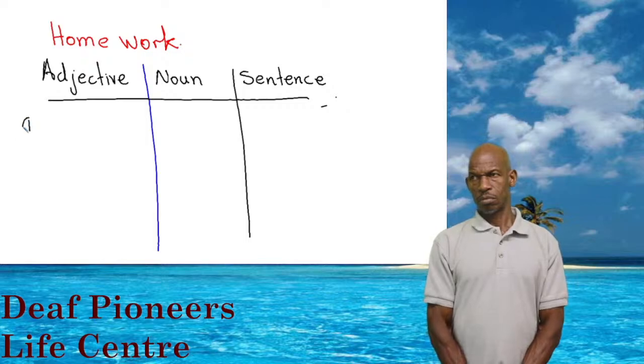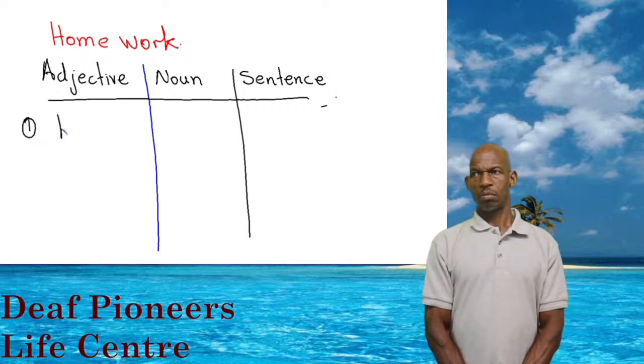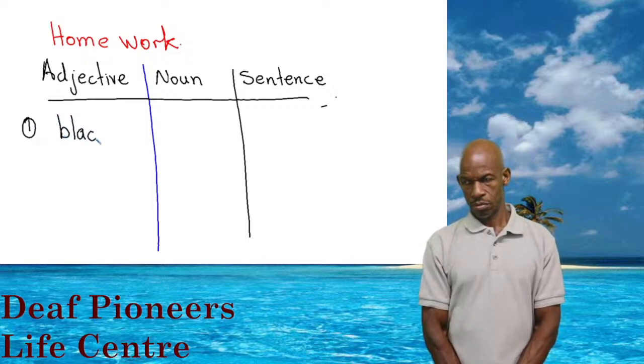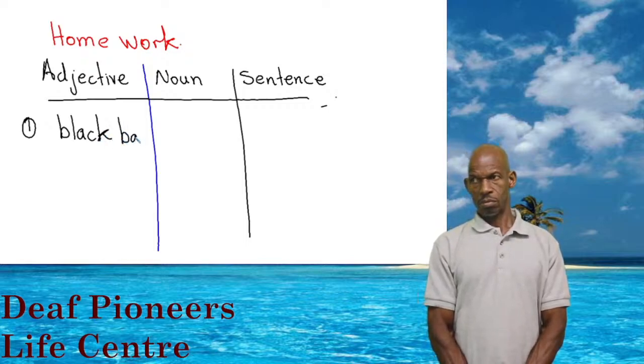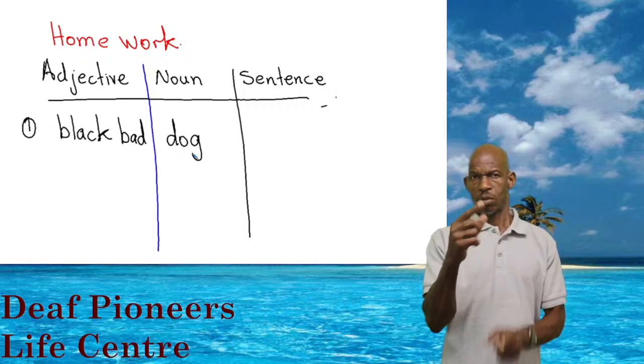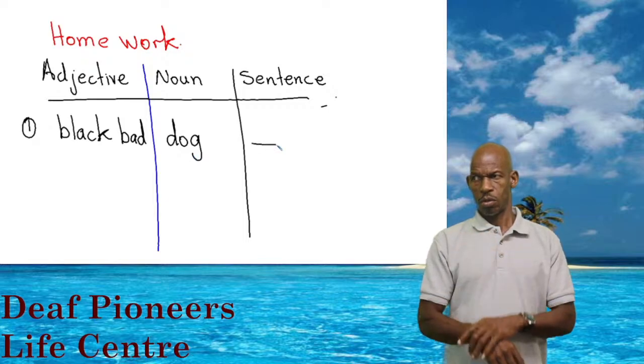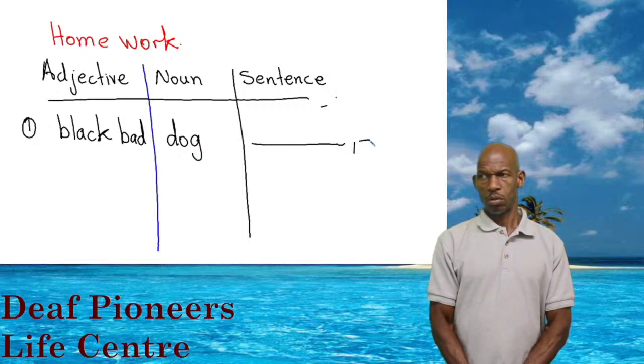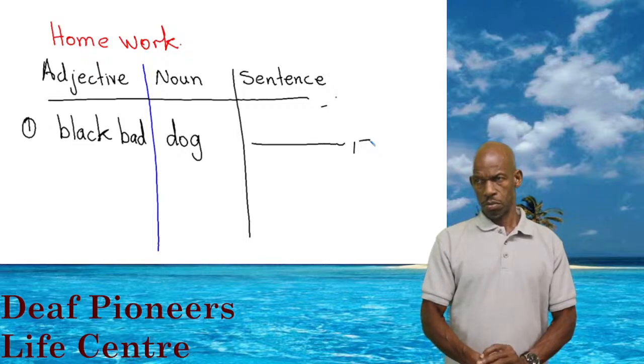So number 1. I have black and I have bad. But the noun is dog. I want you to make, so these two words, black and bad, are the adjectives to describe the dog. But I want you to think about writing a sentence using all those words.